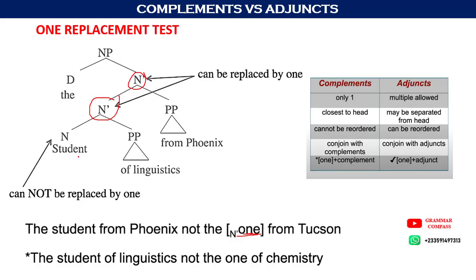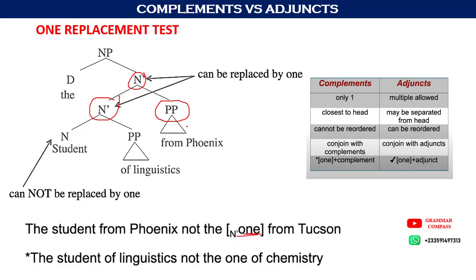But can you replace "student" over here with "one"? Can you say the one of linguistics from Phoenix? It will be wrong. So if you can replace the head with "one" and the modifier comes after it and it still makes sense, then it means that that modifier or qualifier is an adjunct.